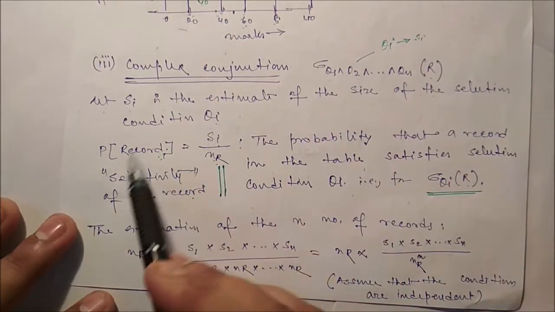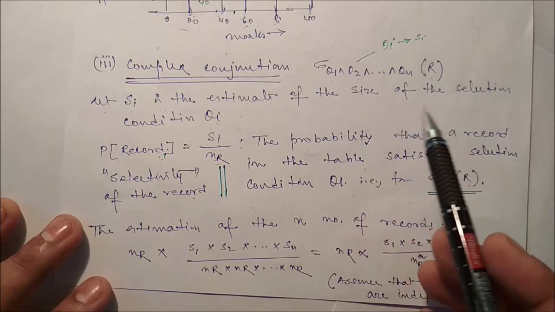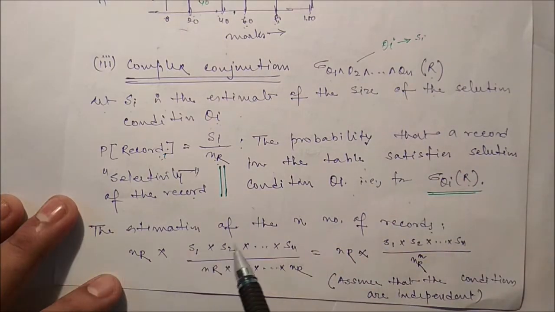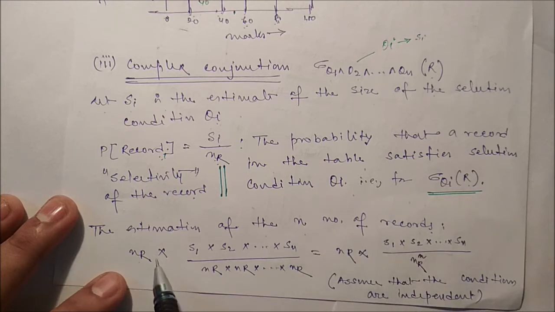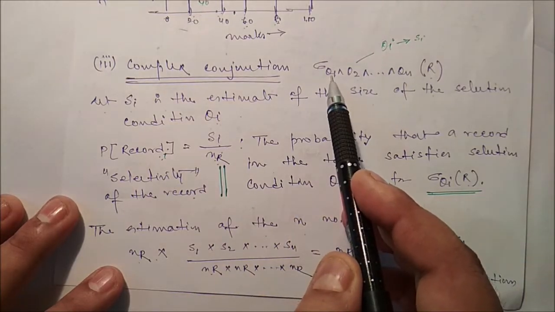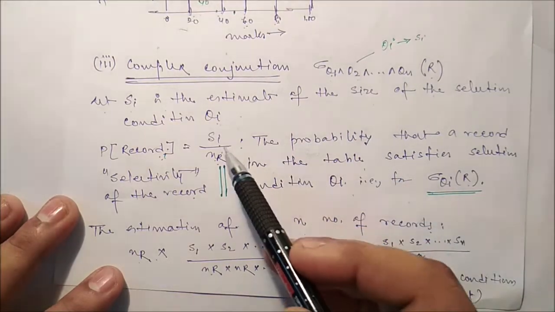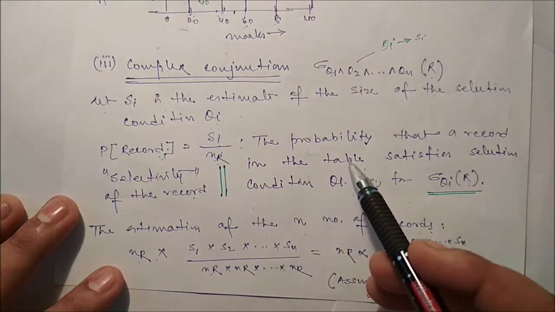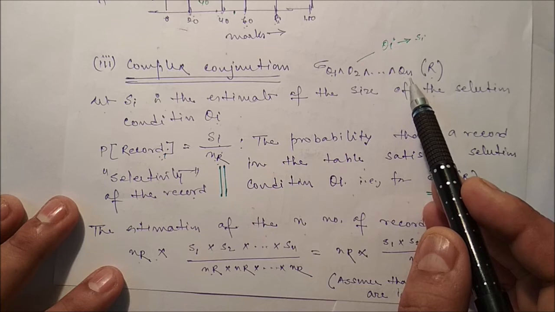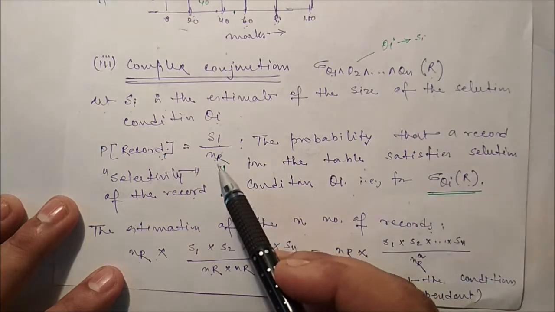Now this is for a single condition. So how many conditions are there? N number of conditions. So the estimated number of records is NR into S1 by NR, using this formula for the first condition, into S2 by NR for theta 2, S3 by NR for the third, and Sn by NR for the nth condition.